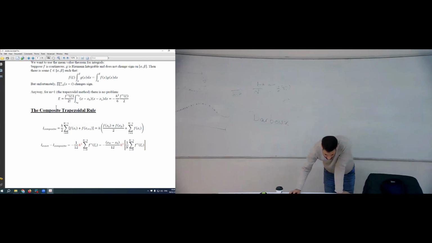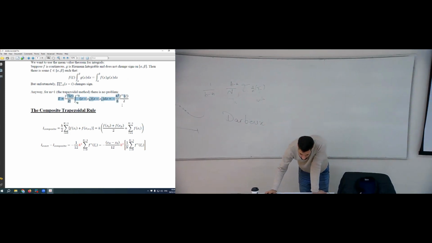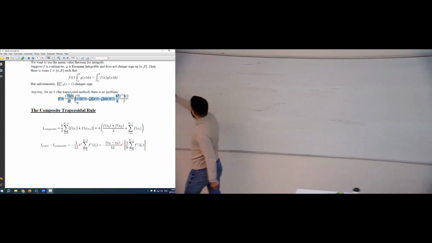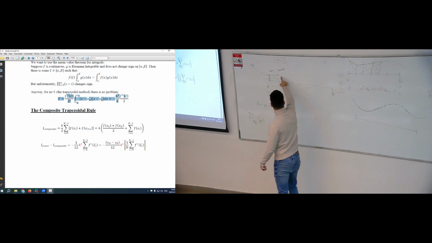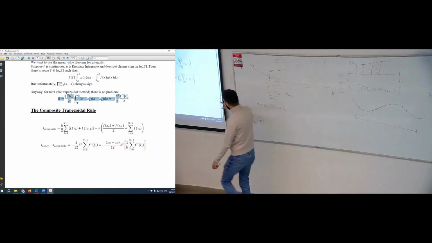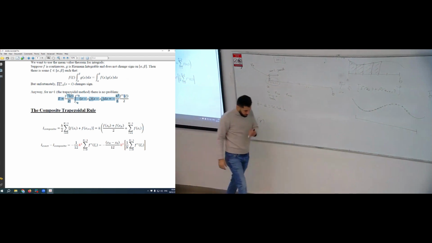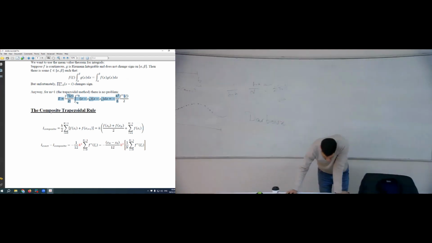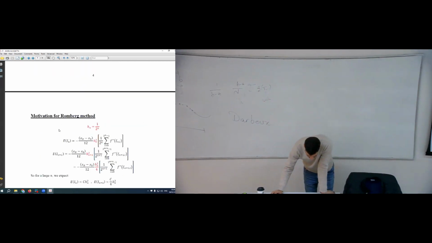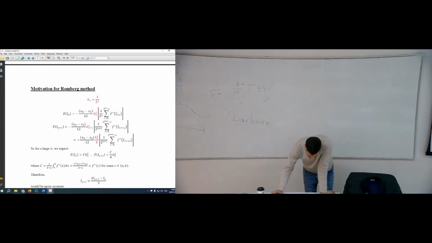For example, from here, this is the error, and now I make it for this plus this plus this. This is the error here, and I have a similar one here, and a similar one here. So this plus this plus this.